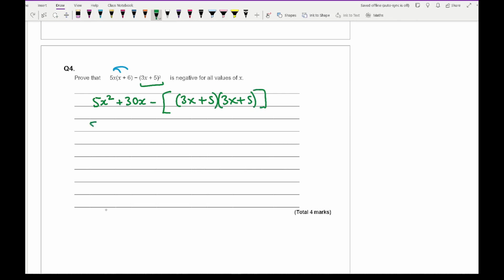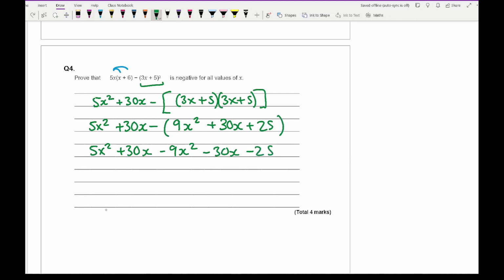Expanding that all out, we get 5x squared plus 30x minus 9x squared plus 30x plus 25. And then we need to deal with the negative, so we end up with 5x squared plus 30x minus 9x squared minus 30x minus 25. Then if I neaten all of that up, we can see straight away that the 30x's cancel out. I'm then left with minus 4x squared minus 25.